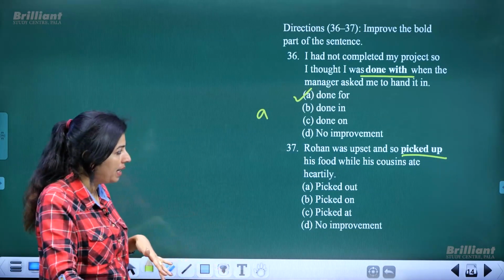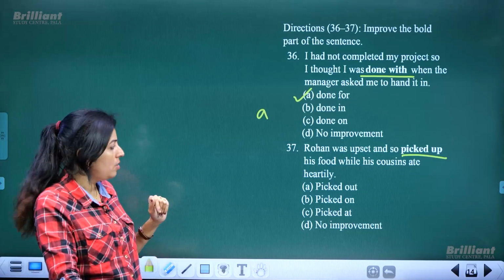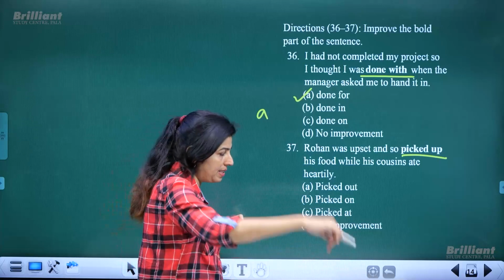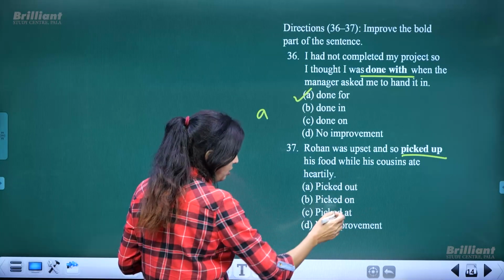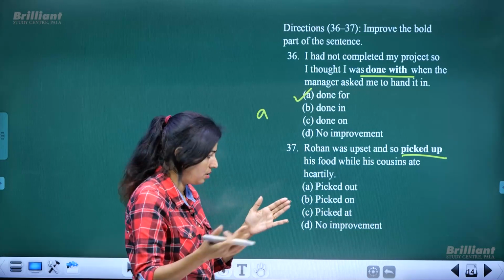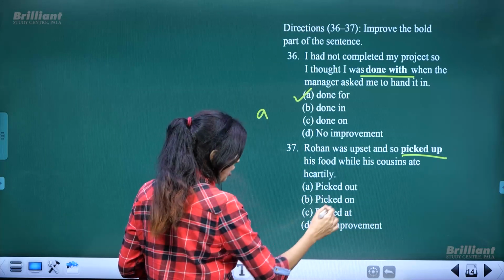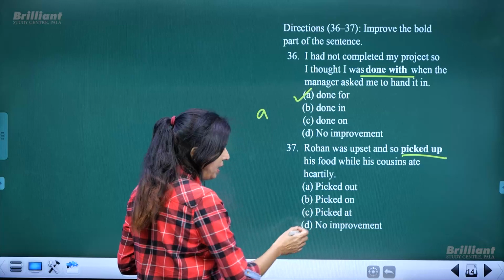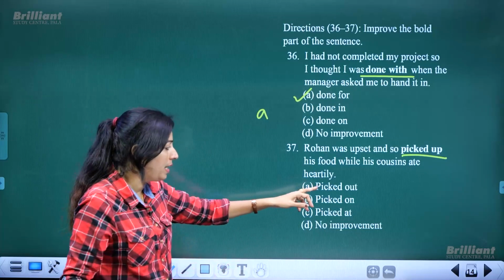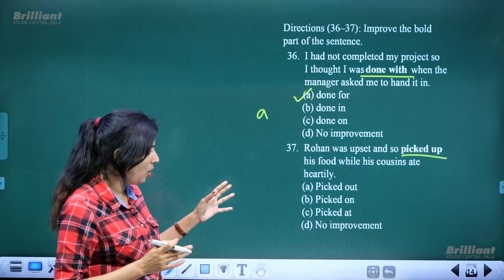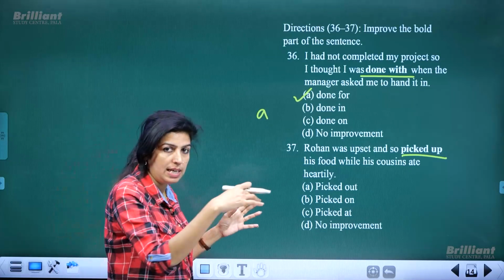So picked up is to be substituted. Picked out means to choose, to select or to sort out. Picked on, picked at.